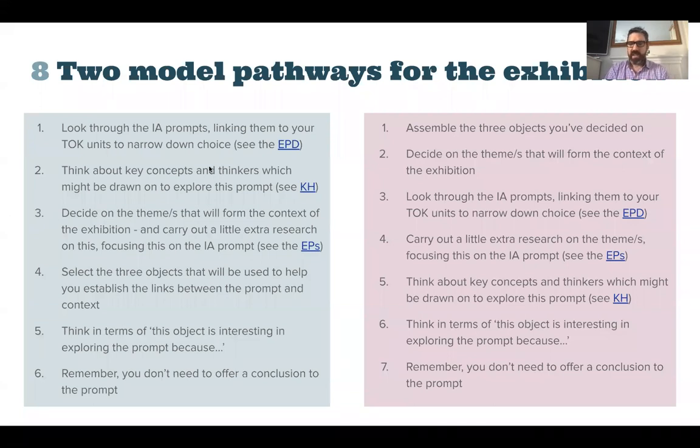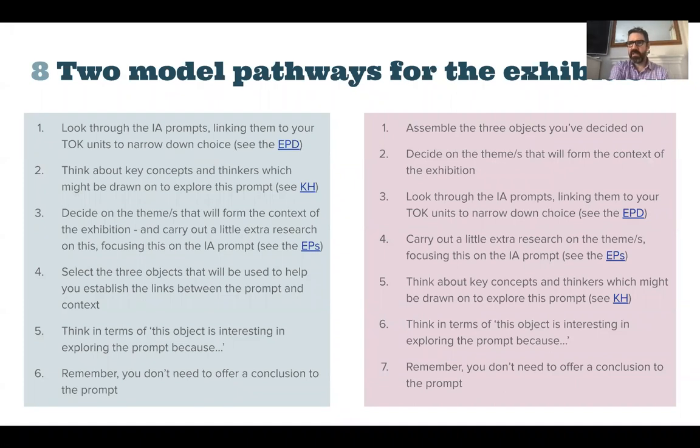So this aligns to the resources that I have produced to help students create a great presentation. I didn't quite have room to spell them out in full, but I'll show you that in the slide that's coming up. So we can start with looking through the IA prompts, linking them to our TOK units to narrow down choice.